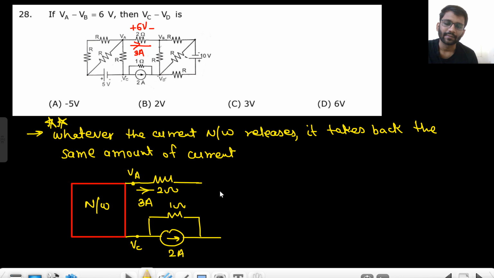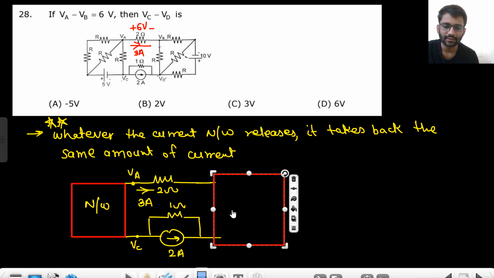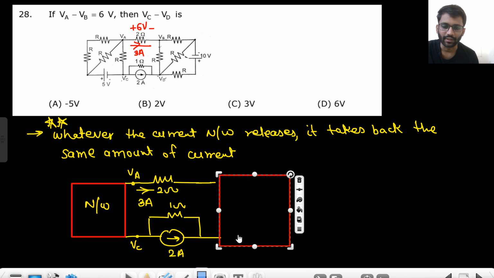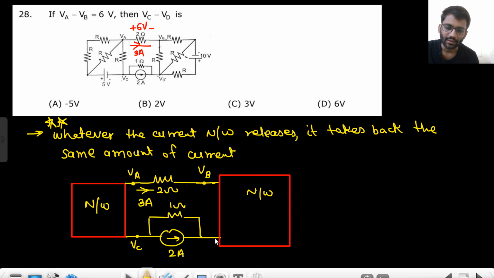Now you see one thing. Here we have one more network, that is this network. This potential is VB and this potential is VD. Now you see this 3 ampere current is getting into this network.